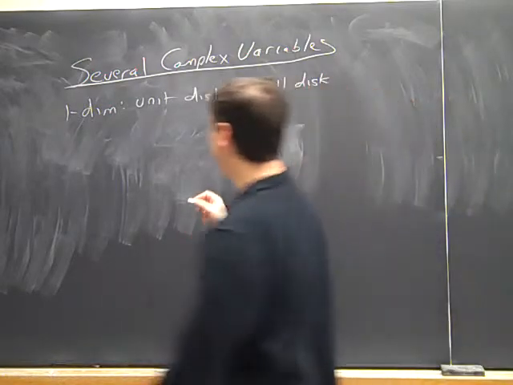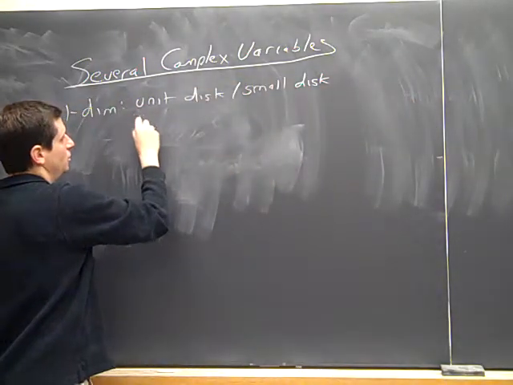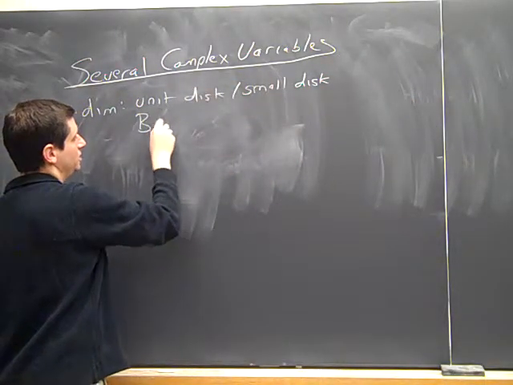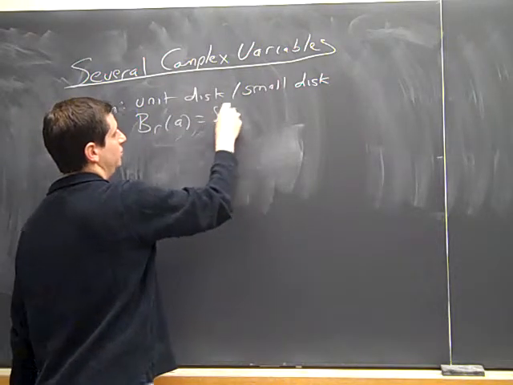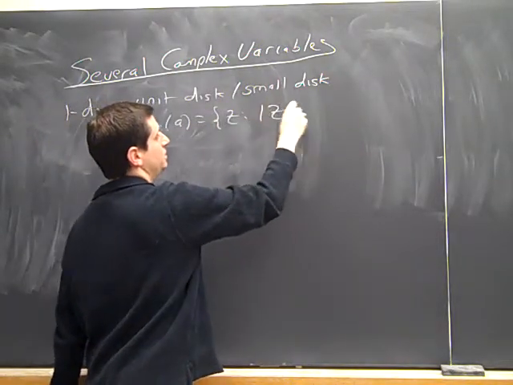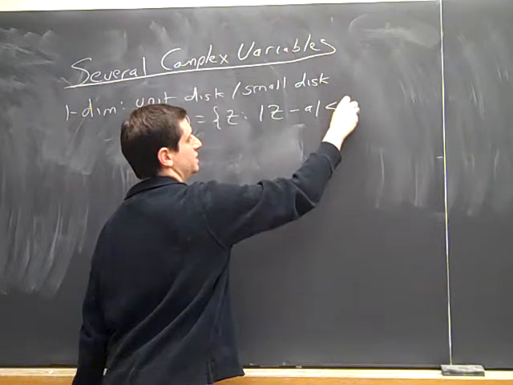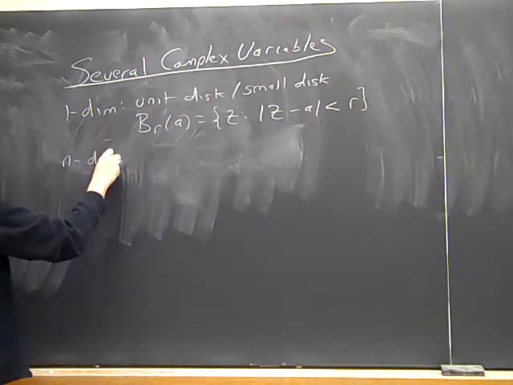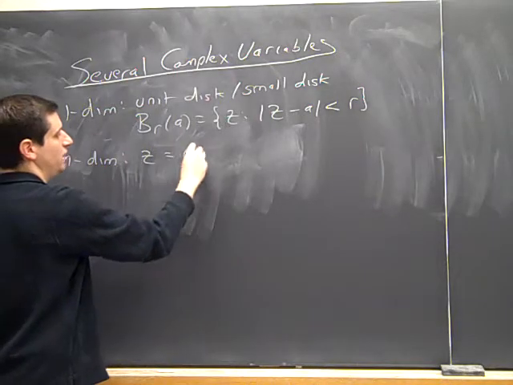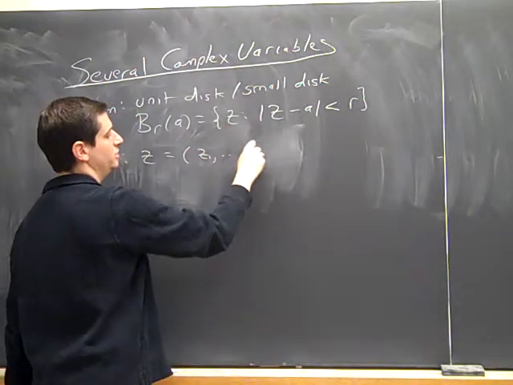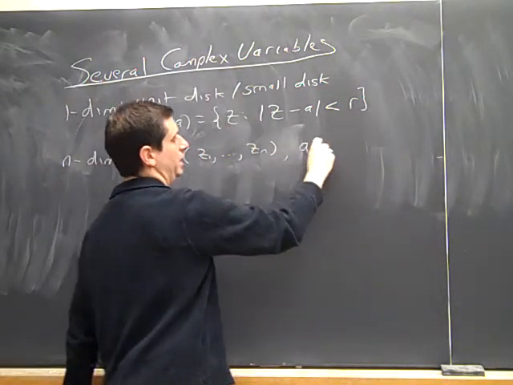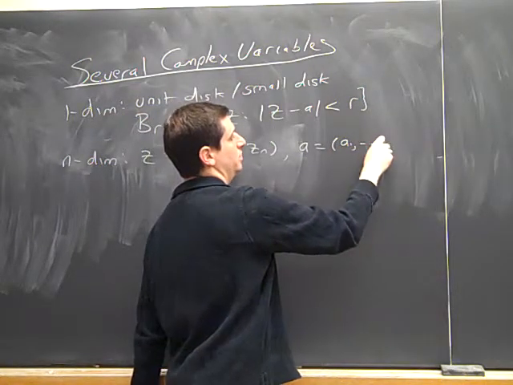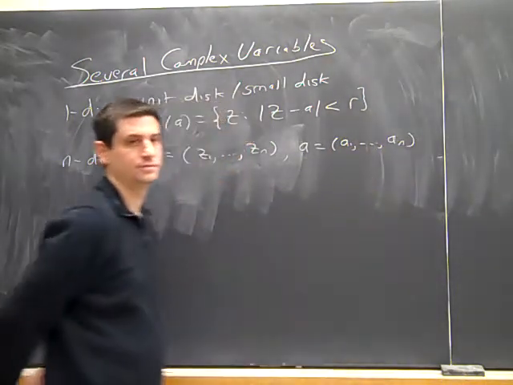It's not clear. So we can look at this as, the ball of radius r about a is the set of all z such that the absolute value of z minus a is less than r. In n dimensions, z is now going to be z1 to zn, a would be a1 through an.